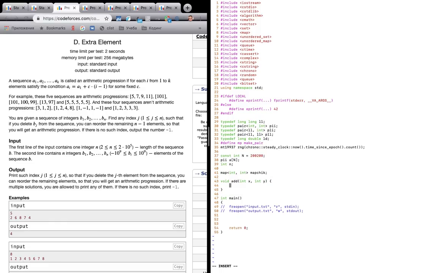We will have a function that adds y to number x in the map, and if this number becomes 0, it deletes the element from the map.